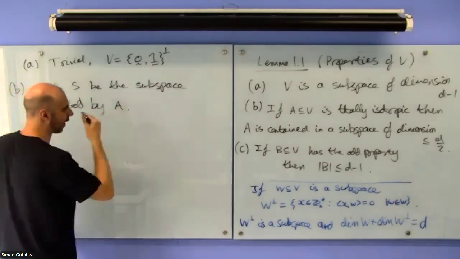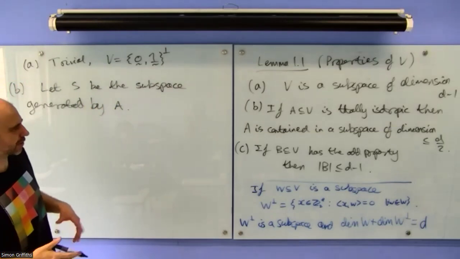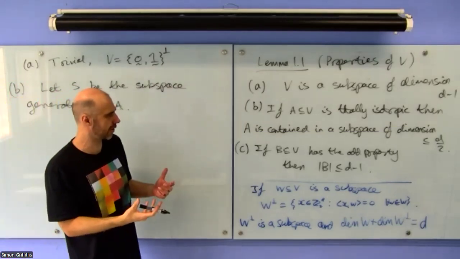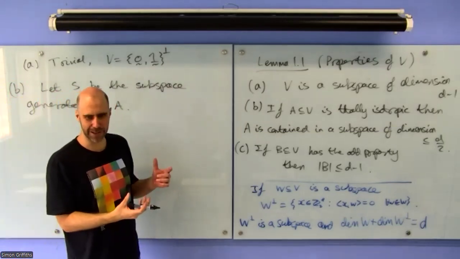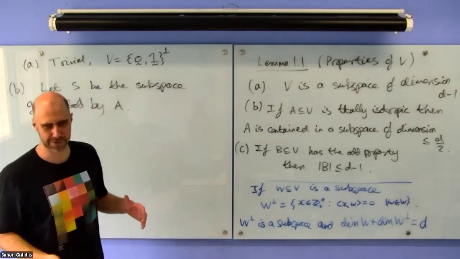And it's easy to check that this totally isotropic property carries over from A to the subspace it generates.